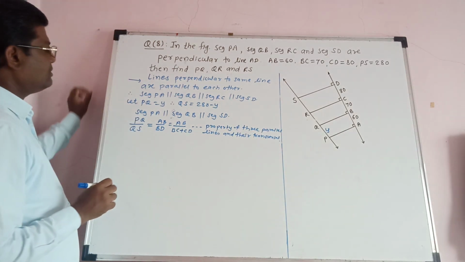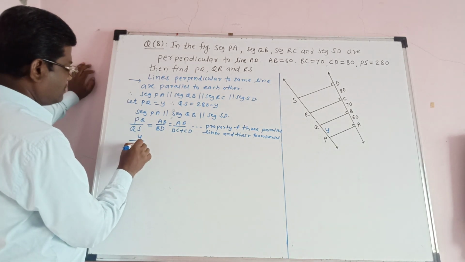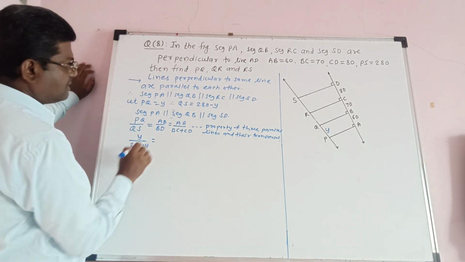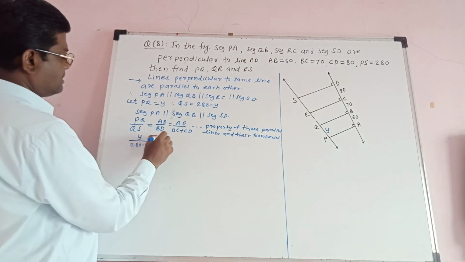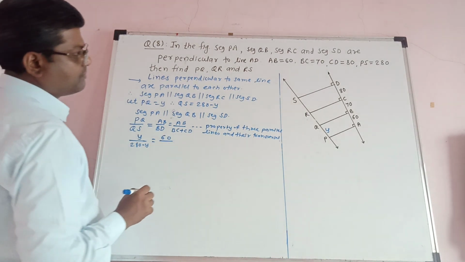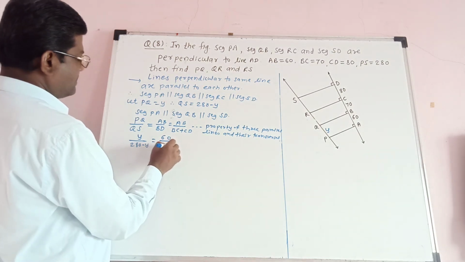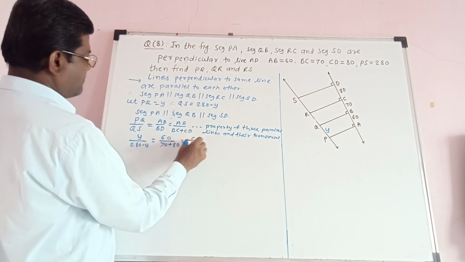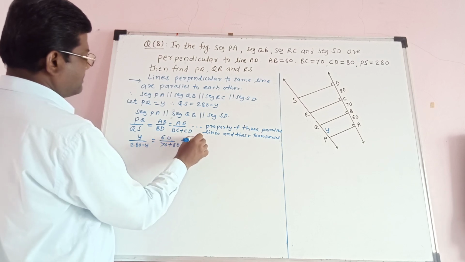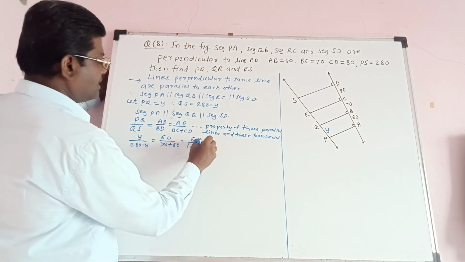Now put the values. PQ is y, QS is 280 minus y, AB is 60, and BC plus CD is 70 plus 80, so 60 upon 150. It will be 6 upon 15.